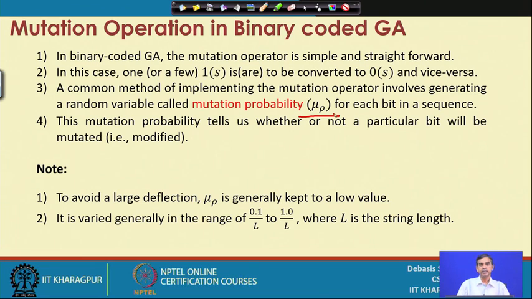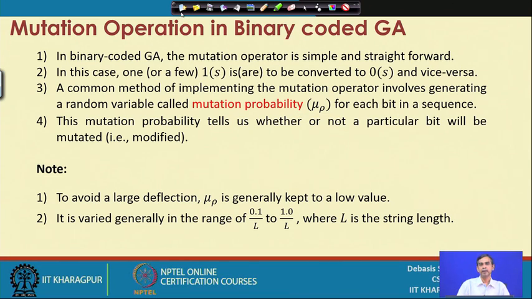There is a good heuristic usually followed in genetic algorithm: if L is the length of the chromosome, then this mu rho should be within the range 0.1 by L to 1.0 by L. So, if the value of L is large, this probability will reduce to a smaller value. This is the heuristic followed to decide the mu rho, called the mutation probability.